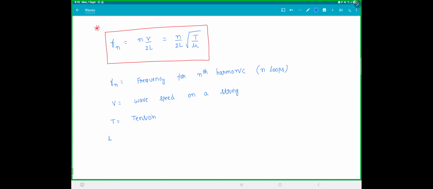T is tension, mu is your linear density. L is the length of the string. N is the number of harmonics.